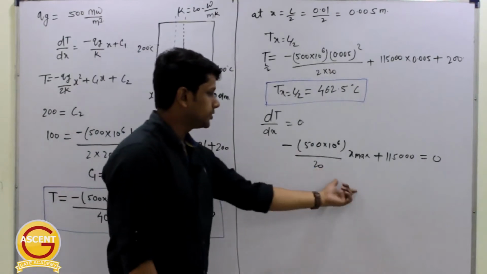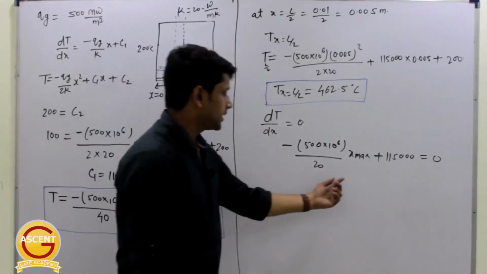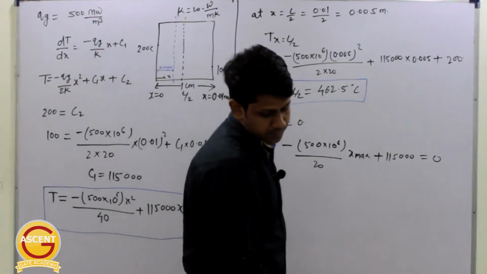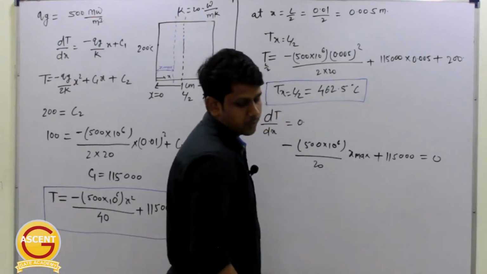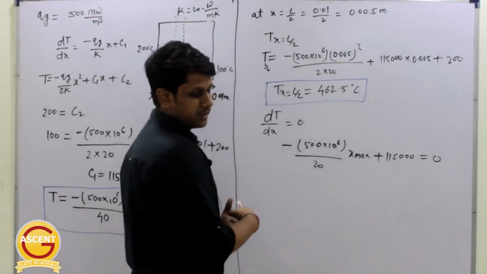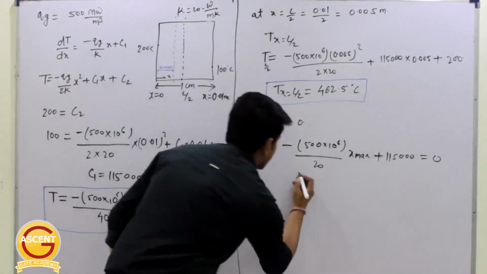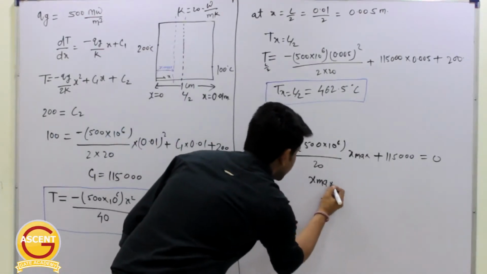Right? So just do the side change and you will get the value of this x max as 4.6 into 10 power minus 3 meter. So there is only one unknown, right?